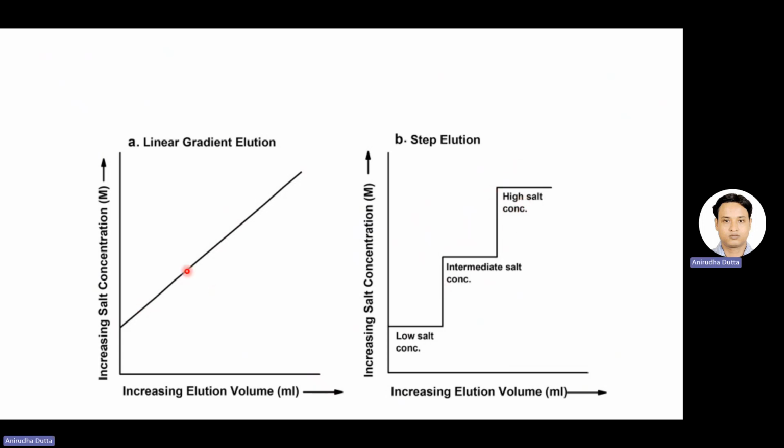However, in case of a linear gradient, depending on the strength of the interaction, each and every protein might get separated, and we can collect them into different fractions, physically separate them and get a better purification.